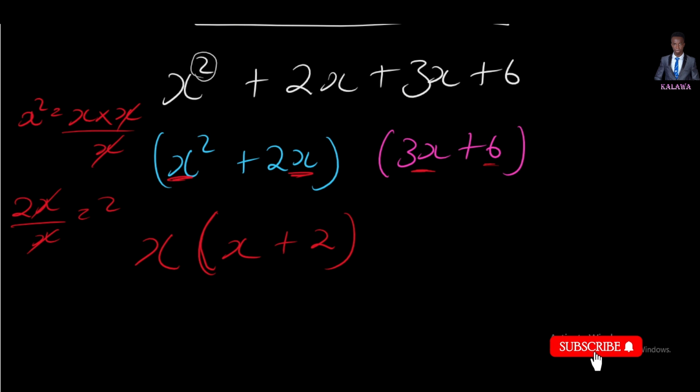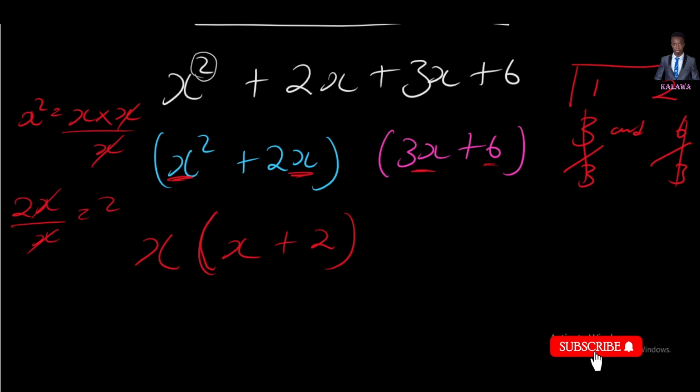Now you take the coefficient of that variable, which is 3, and the constant is 6. Then ask yourself, which number can divide these two numbers without any remainder? In this case, obviously 3 can divide itself, and this is going to give us 1. And then 3 can also divide 6 by 2.